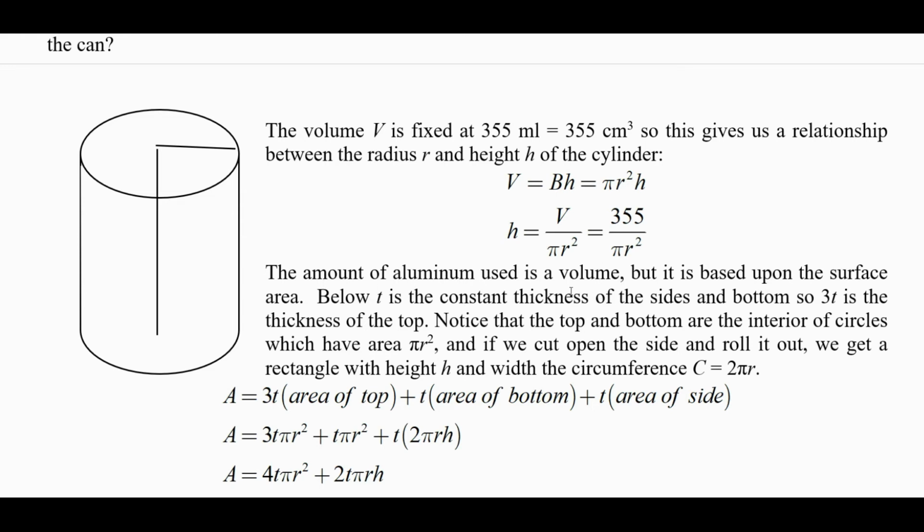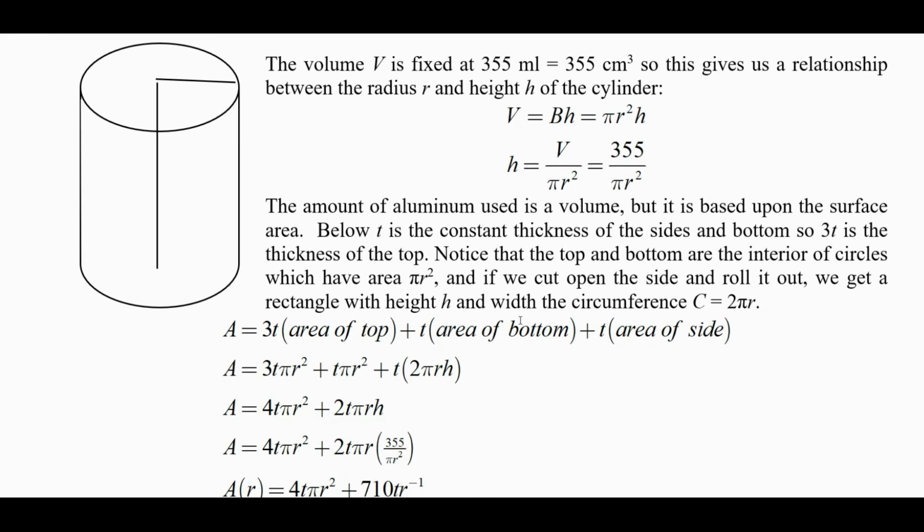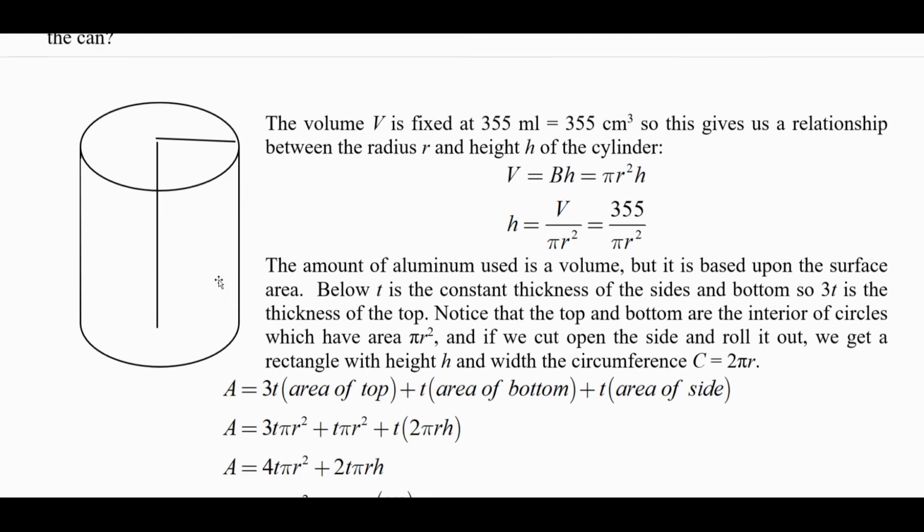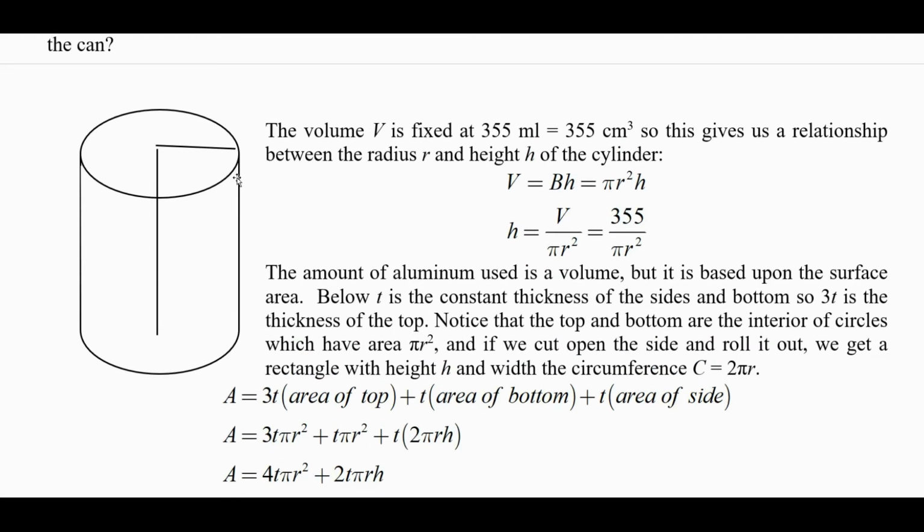Now the amount of aluminum used is actually a volume, but it's based on a surface area. So if we have t as the thickness of the sides and bottom, then 3t is the thickness of the top. The top and bottom are circles, which have areas pi r squared. And if you cut it down the side and roll out the side flat, we get a rectangle whose height is h, the height of the cylinder, and whose length is the circumference of the circle, 2 pi r.